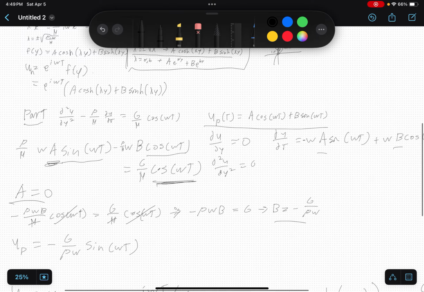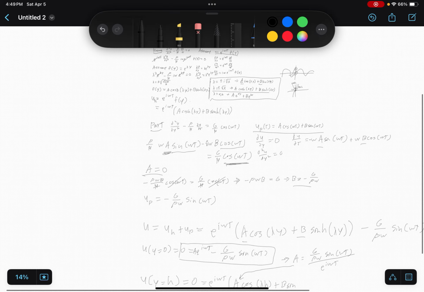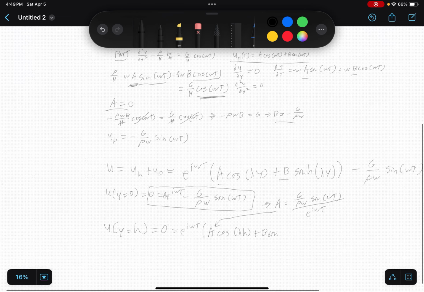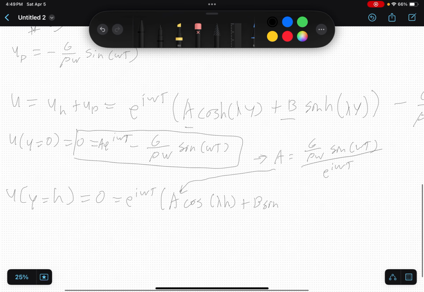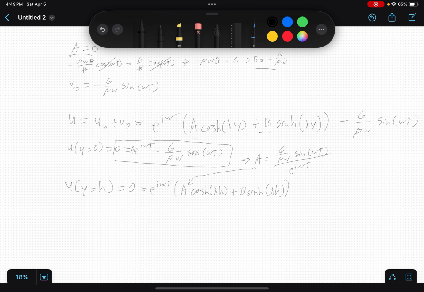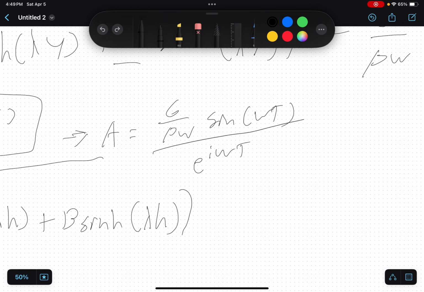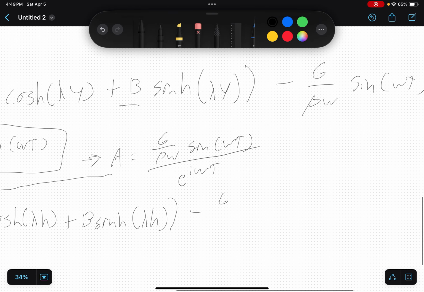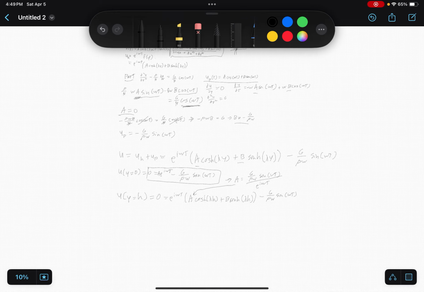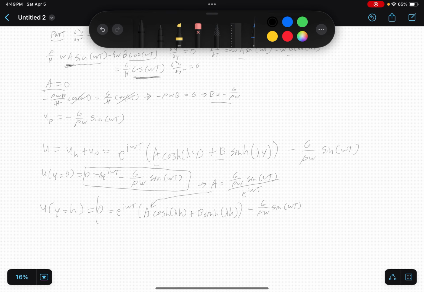Are these hyperbolic? They are, aren't they? There's no escaping. I forgot to write an h there. These are hyperbolics. There's a lot of h's. Lambda h minus, oh dang, minus g over density omega sine wt. This is the second equation.